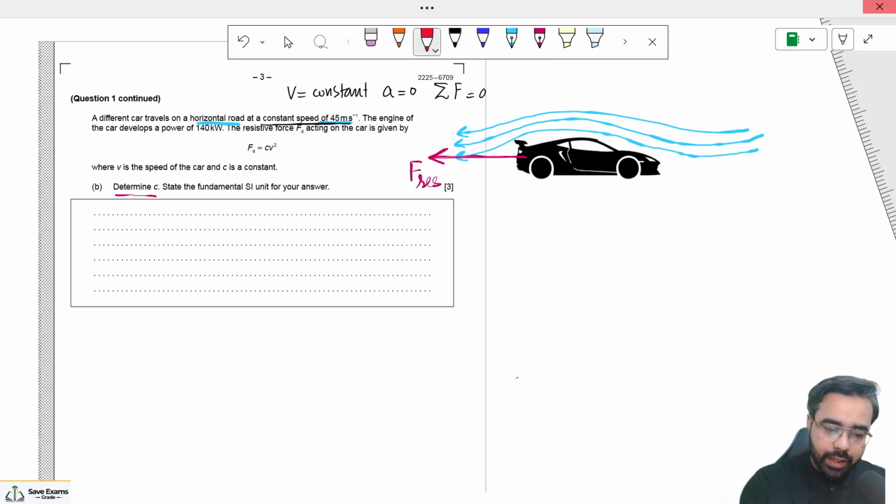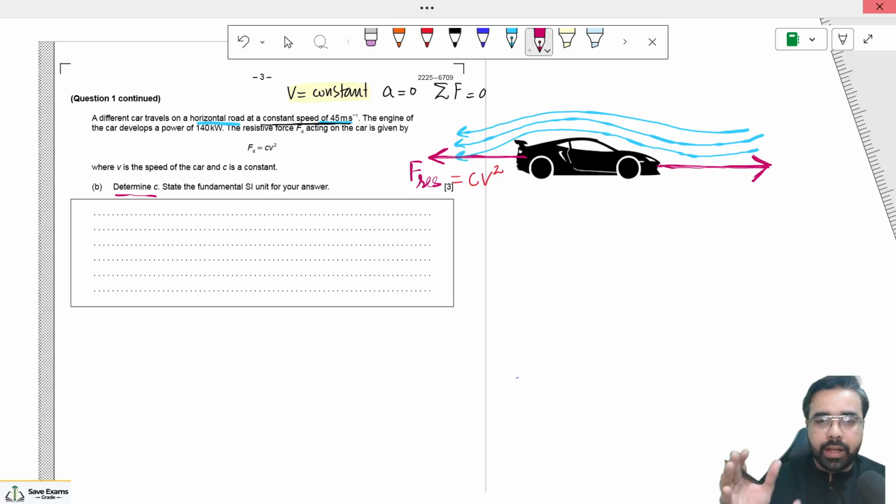According to the question, this drag force is equal to Cv squared. But they also mentioned that it is moving with constant velocity, which means that the force applied by the engine is exactly equal to this resistive force, in order to keep the car moving at a constant speed. So these are the two forces which are equal.